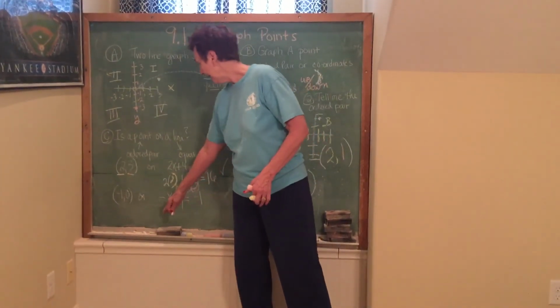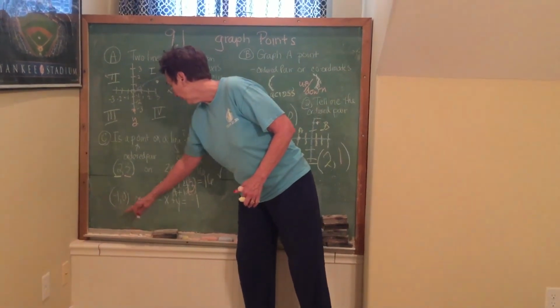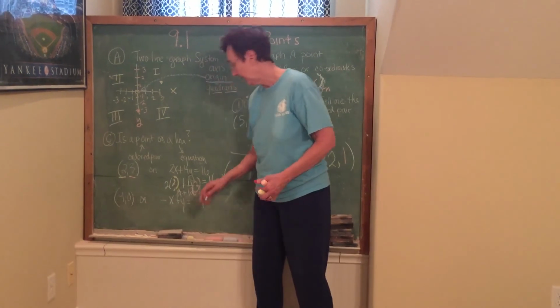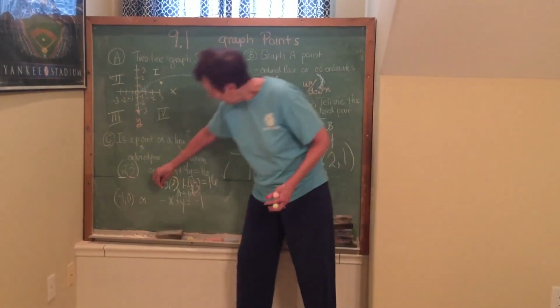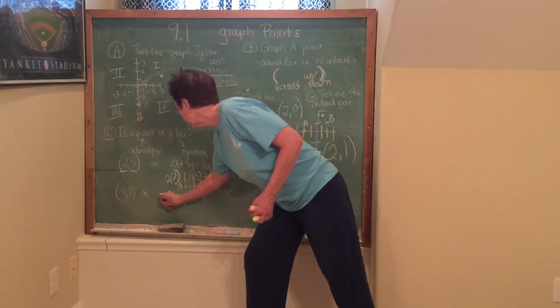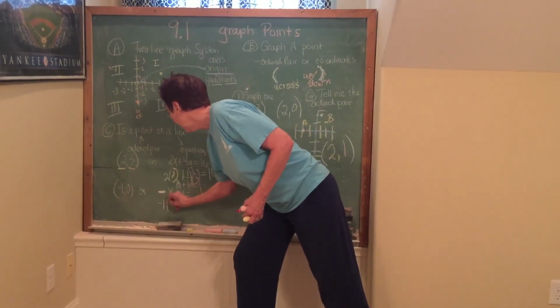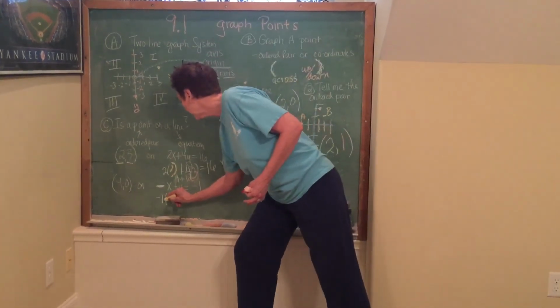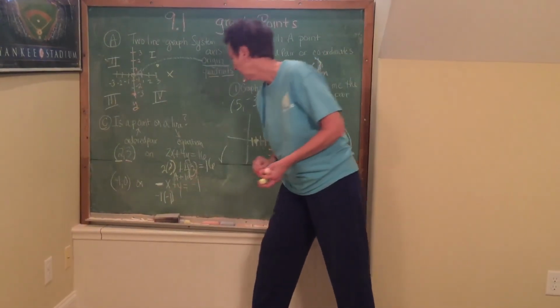Another example, if I have -1, 0, and I want to know if it's on negative x plus y equals -1. Remember that negative x means that you're taking -1 times whatever you replace for x. So in this case, I'm replacing that with a -1.